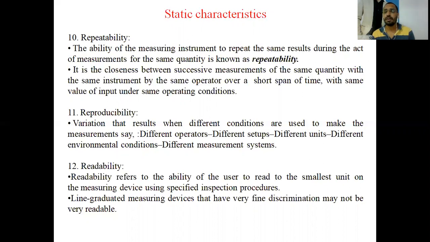If all the divisions are at some distance, so they are clearly visible, you can easily read it. So the readability of the instrument should be very good. If the readability is not good, then you have to use extra objects to make it visible, for example a magnifying glass. Okay, this is readability.